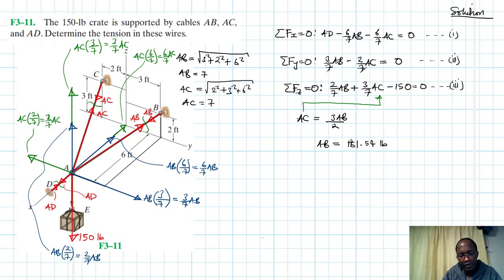Okay, so 3 over 7 by 3 over 2, plus 2 over 7, and then 150 divided by that, 161.54. So we can feed this value just here.